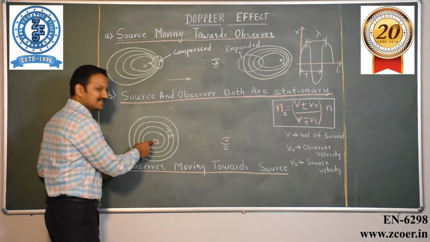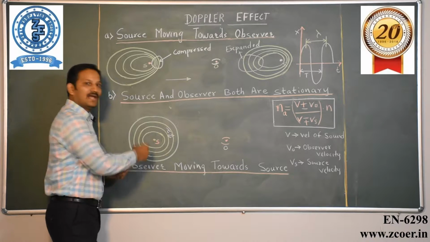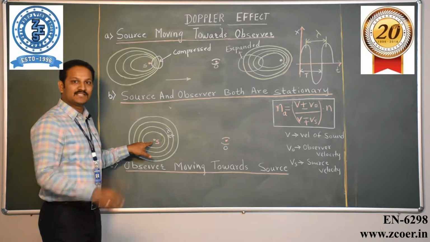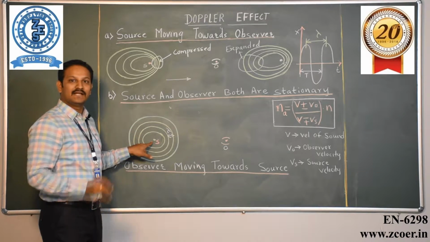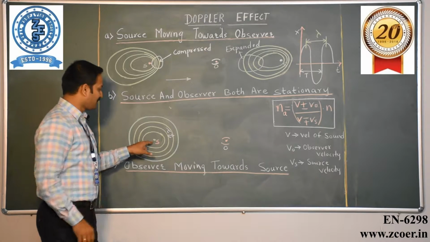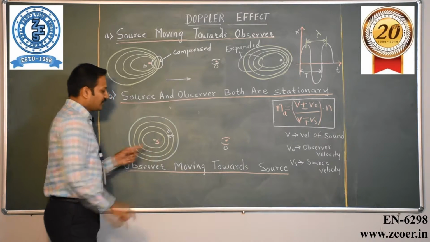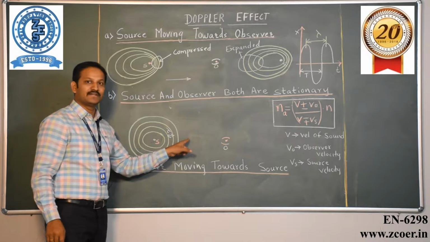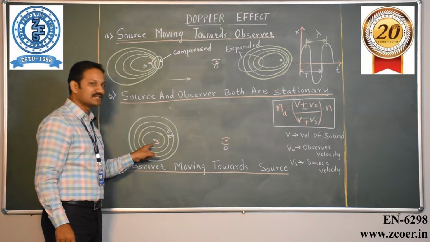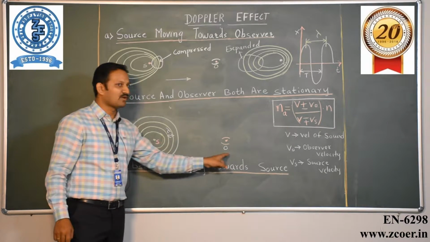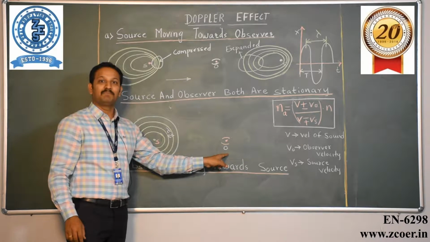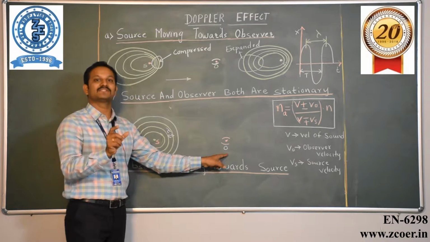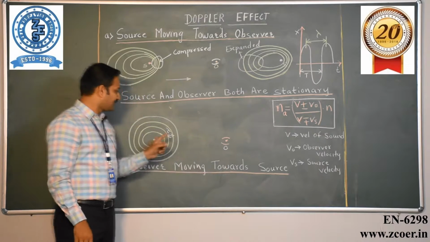Consider the source as an ambulance van. It is stopped at one place and it is blowing the siren. Once the siren is blown, you may find the waves are generated, and whatever waves are generated get passed to the observer. You listen to the pitch of the sound, and the pitch of the sound remains constant.